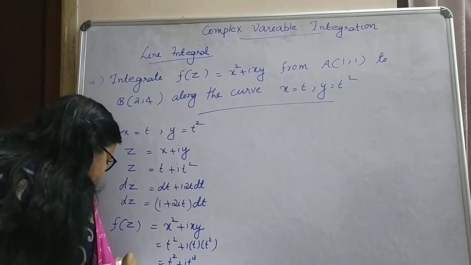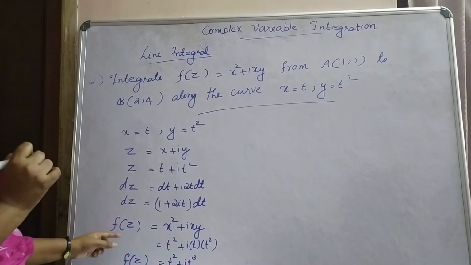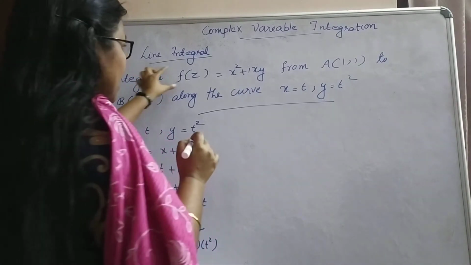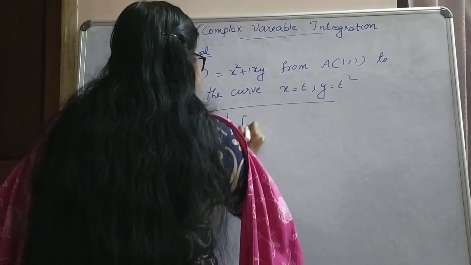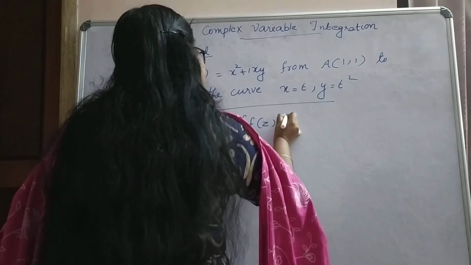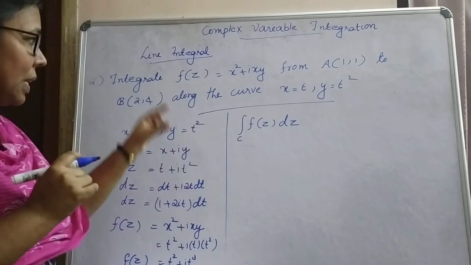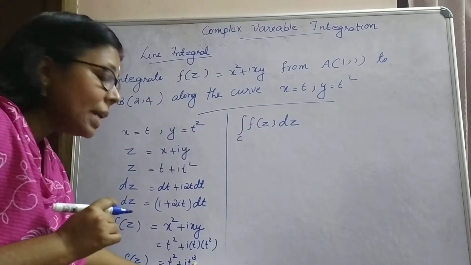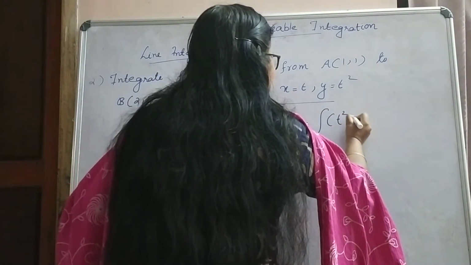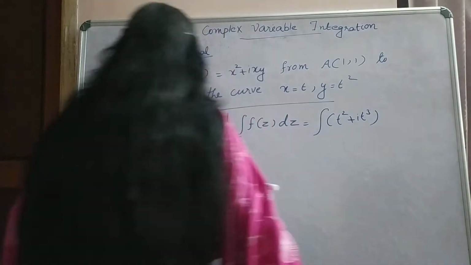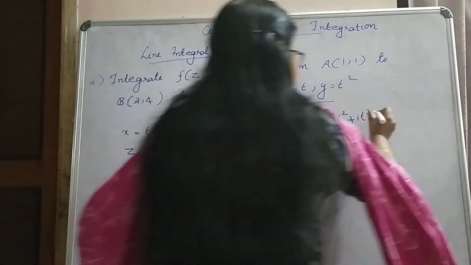Here f of z is t square plus i t cube. Now we have to integrate this. That is, we have to find the integral over c of f z dz. f z is t square plus i t cube, then dz is 1 plus 2it into dt.